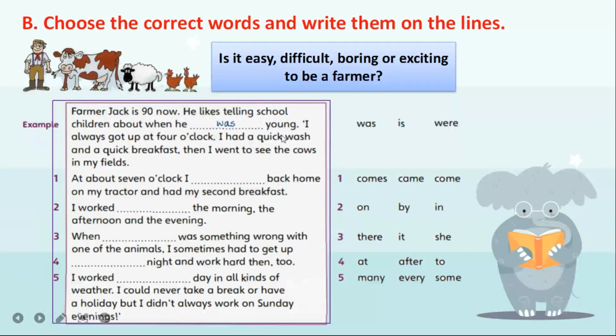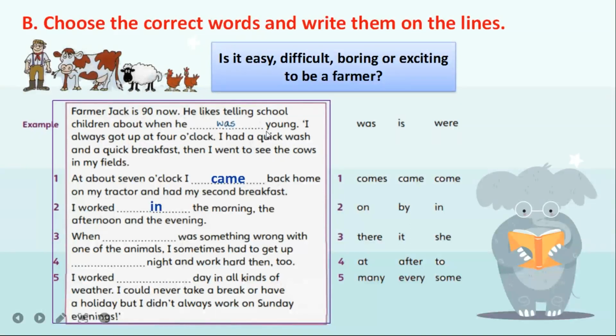I had a quick wash and a quick breakfast. Then I went to see the cow in my friend fields. About 7 o'clock, I came back home on my tractor and had my second breakfast. I work in the morning, the afternoon, and the evening.